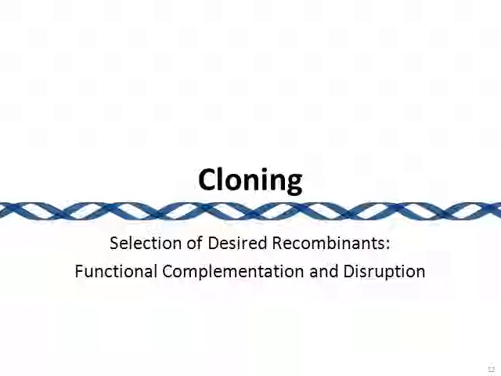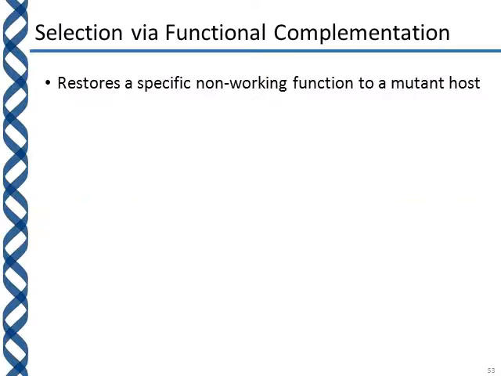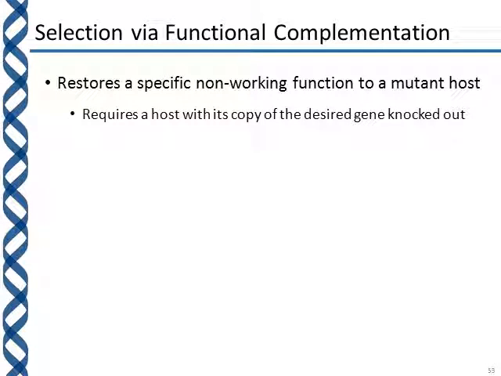Next, let's discuss selection of the desired recombinants based on functional complementation or functional disruption. Selection via functional complementation restores a specific non-working function to a mutant host. It requires a host with its copy of the desired gene knocked out.